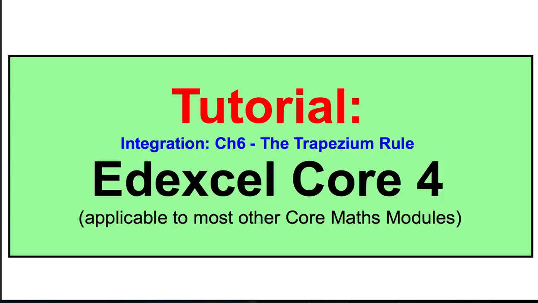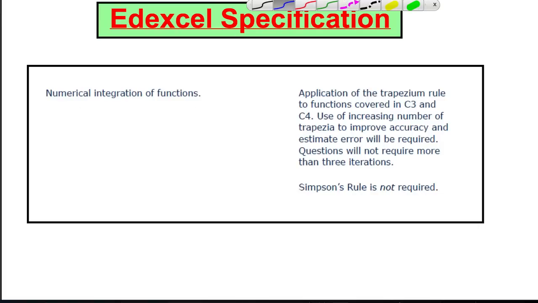In this tutorial we're talking about integration in chapter 6, and we're going to cover the trapezium rule. As always, it's applicable to Edexcel Core 4, but should also be applicable to most other core maths modules. Looking at the syllabus, what we're going to cover here is the numerical integration of functions, using the trapezium rule on functions covered in Core 3 and Core 4, using an increasing number of trapezia to improve accuracy, and estimating the error.